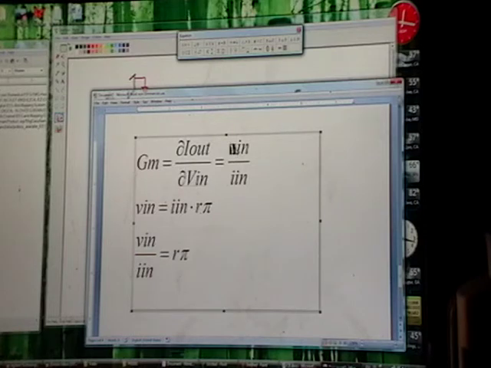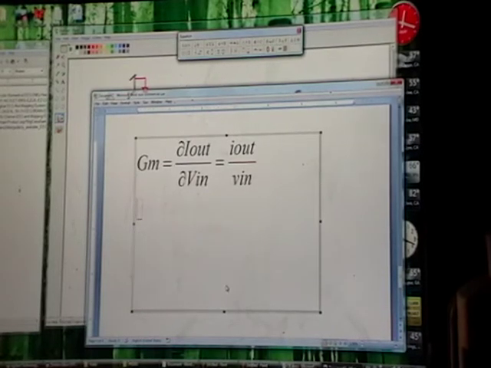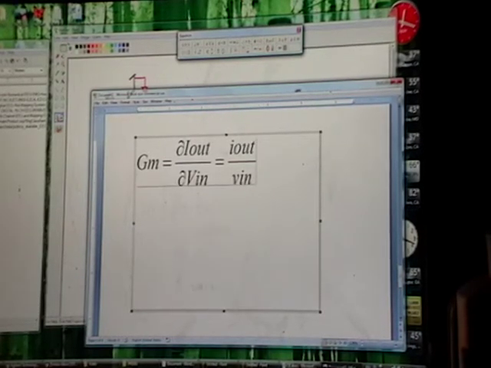When you use lowercase right here, that means that it's the moving signal. It's already got this delta inside of it. So that's what we're looking for. We're looking for an equation of I out over V in equals something.